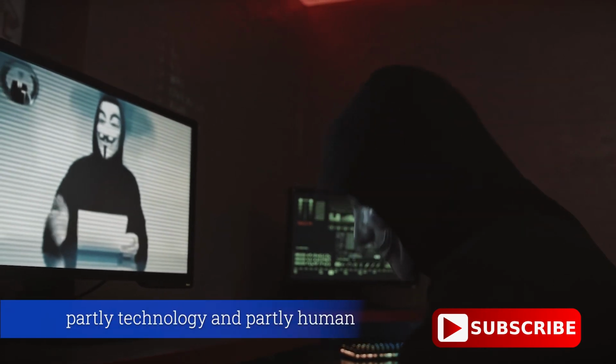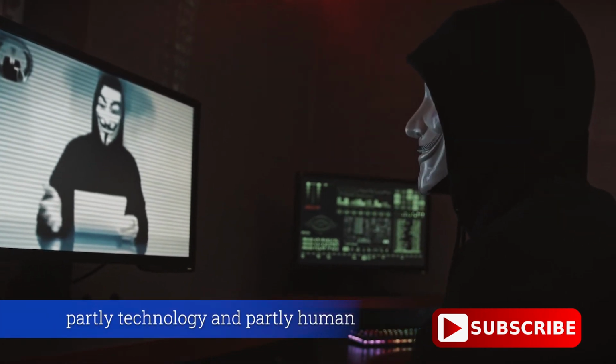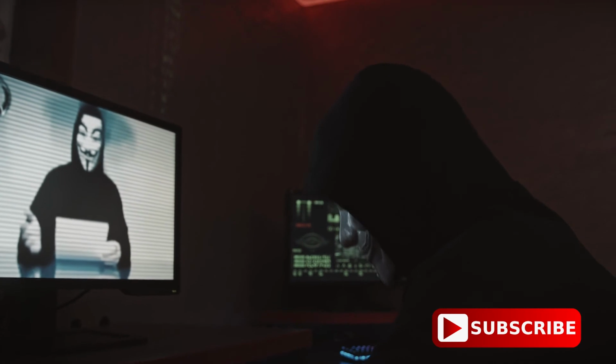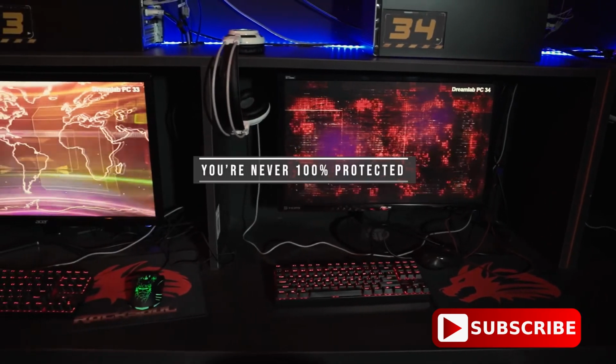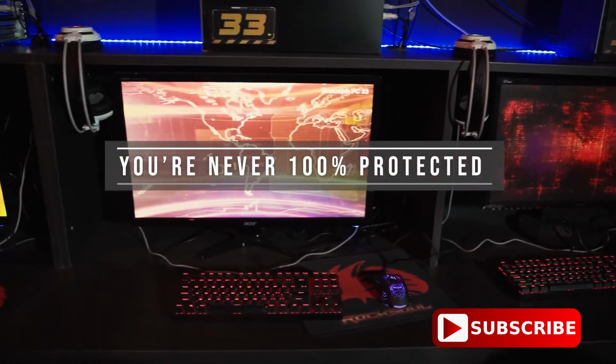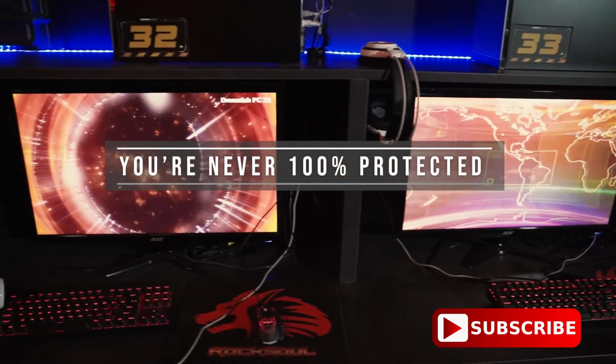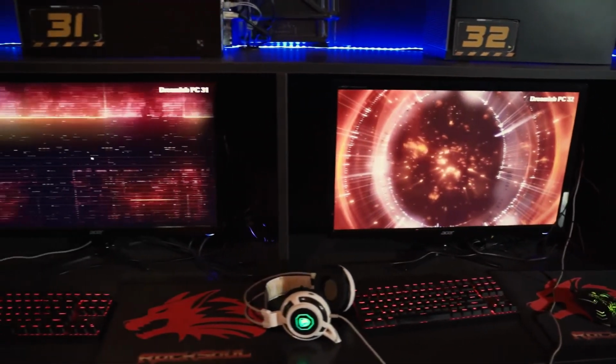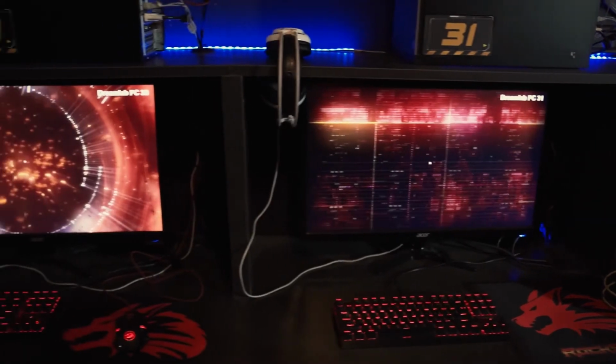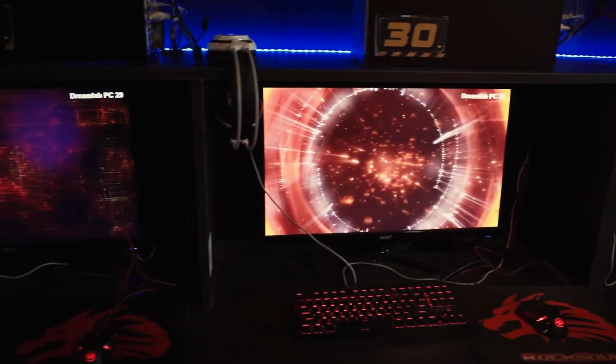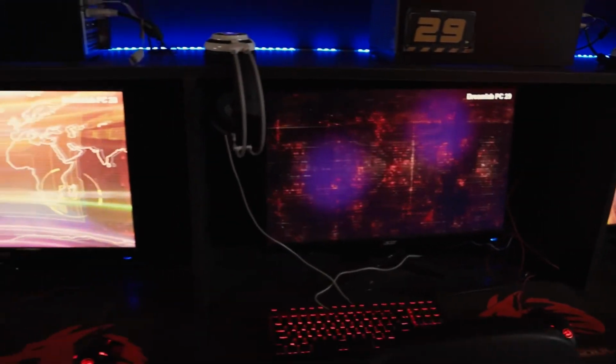The threat from phishing is partly technology and partly human nature, and hence it's not something you fix once and forget. You're never 100% protected because attackers keep evolving and developing new techniques and varying their approaches. A sophisticated cyber attack always has the potential to penetrate even the best cyber defenses.